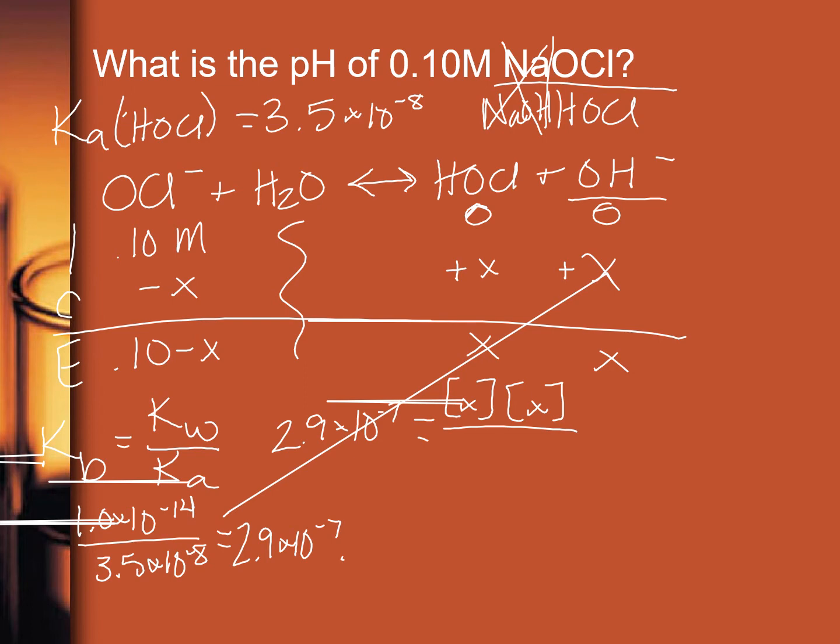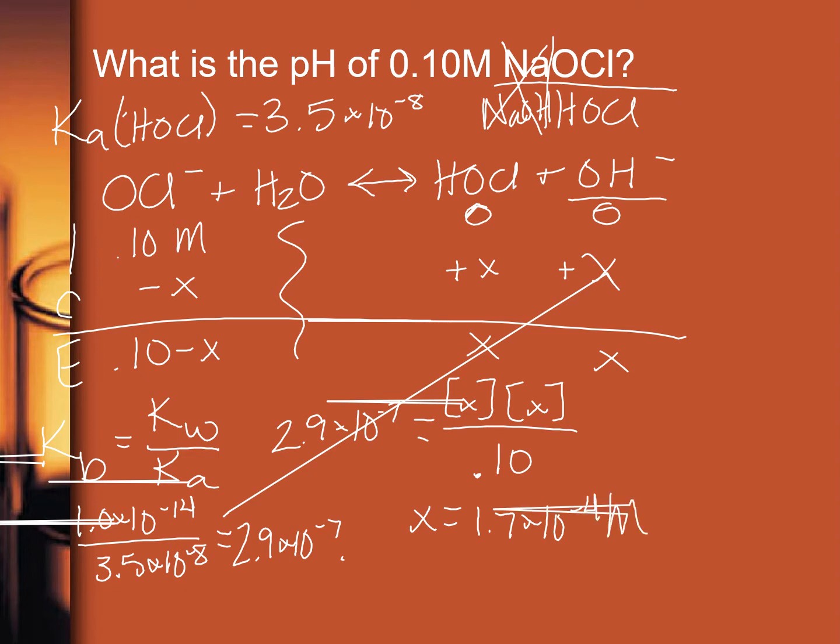Now we can ignore the X here because 0.10 is 1 times 10 to the negative first, whereas our Kb value is to the negative 7th, so that's at least 3 orders of magnitude different, so we can just use 0.10. So multiply by 0.1 to give you X squared. Take the square root to give you an X value equal to 1.7 times 10 to the negative 4th molar.